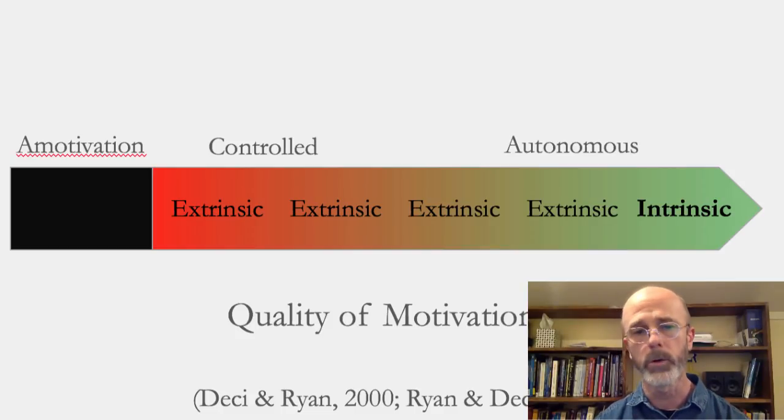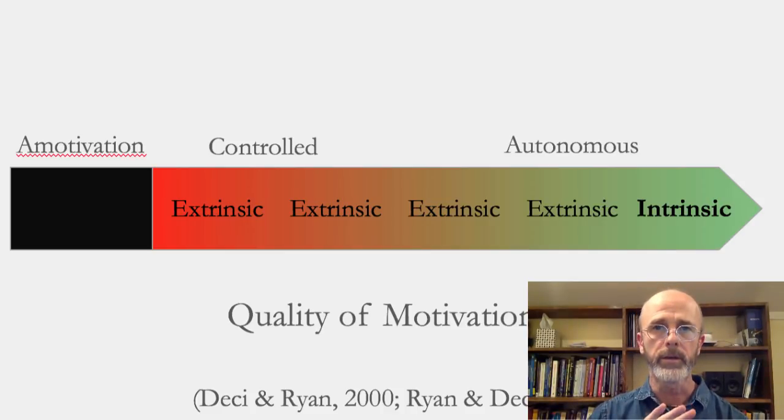Moving more rightward, we get into autonomous forms of extrinsic motivation. And there are a couple here. I'm not going to spend time carving out the details of each. I think giving them an overall description is good enough.